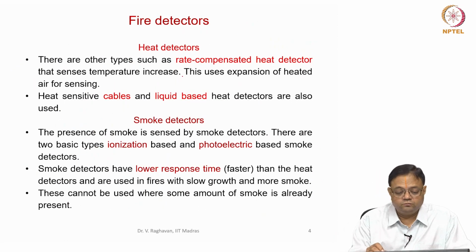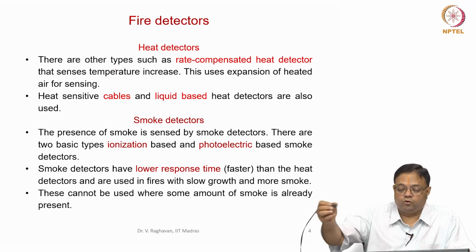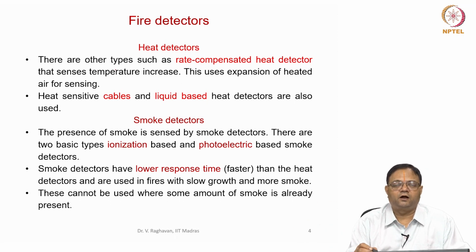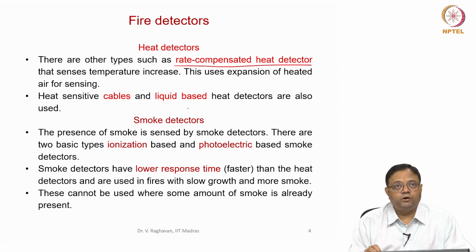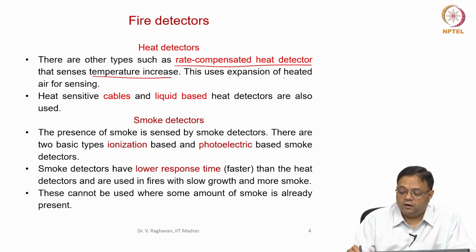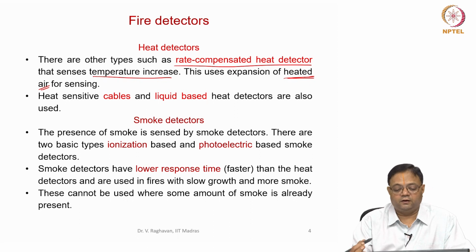In the heat detectors, there are other types also. We have seen the bimetallic, plus the fusible eutectic alloy. Then one more is the rate compensated heat detector. Now it will not get the heat, it will actually measure the rate at which temperature increases. Hot air which is expanding will be used for sensing this rate at which temperature increases, and that will be used for sensing the incoming heat flux, and that will be used for triggering the alarm.